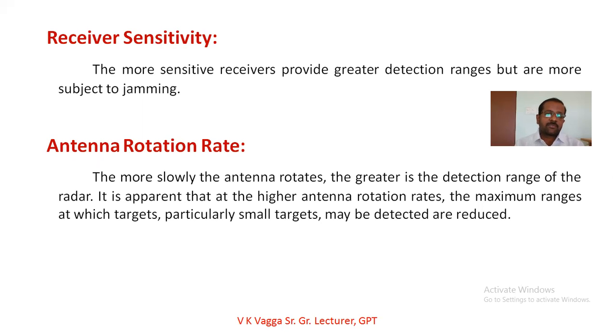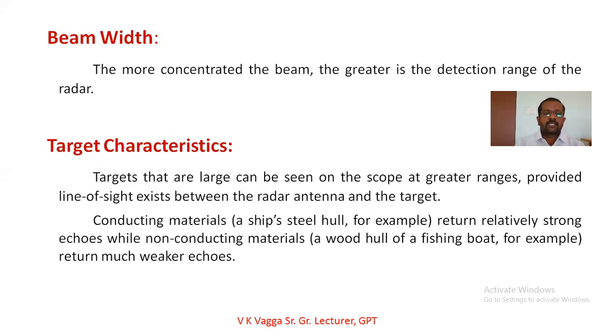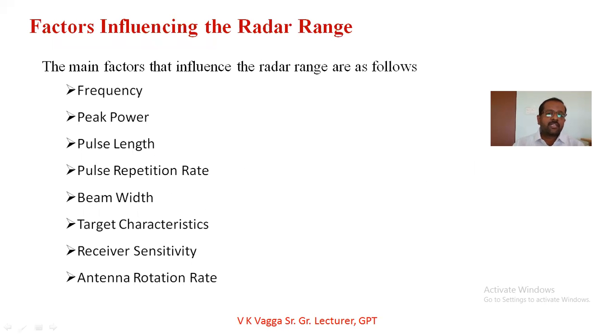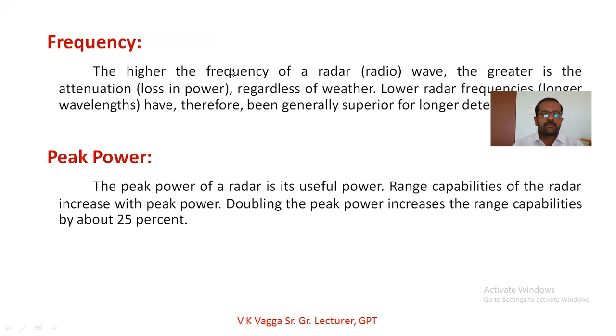So the grabbing of the signal decreases if the antenna rotation speed increases. Okay, all these are the factors affecting the radar range. Initially, it is frequency.